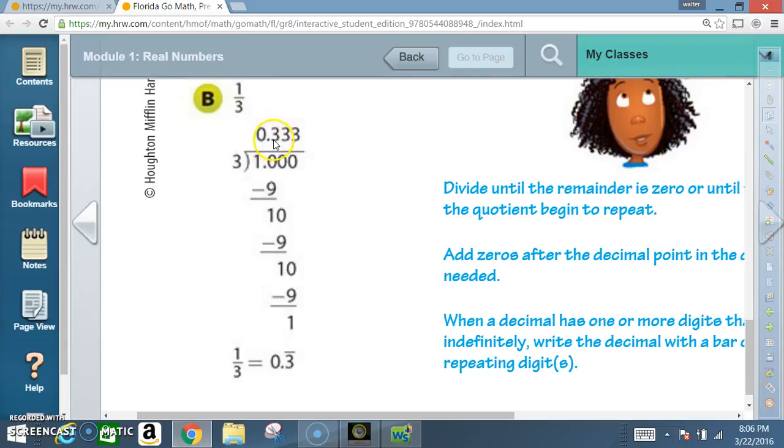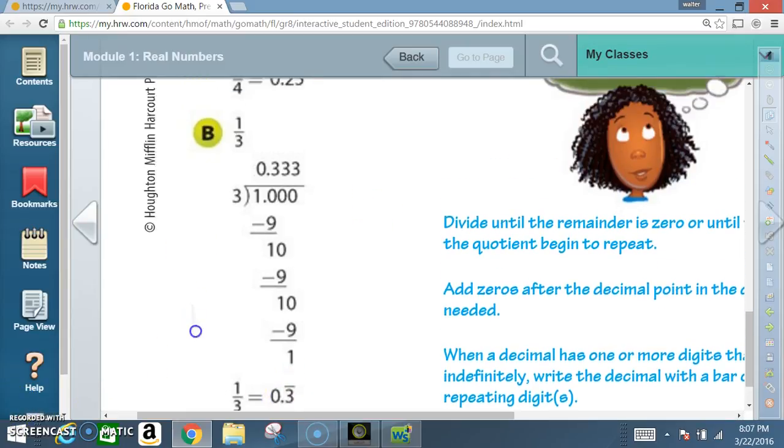So we end up with 0.333. So 1/3 is equal to 0.3, and we write a line over the 3. This bar tells us that the 3 is going to be repeating.